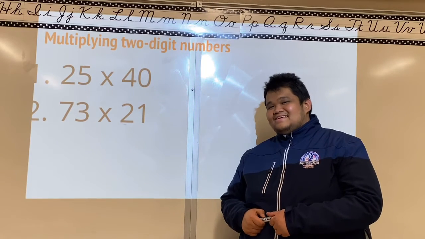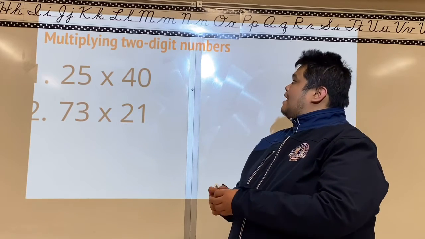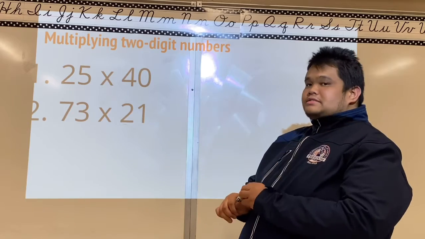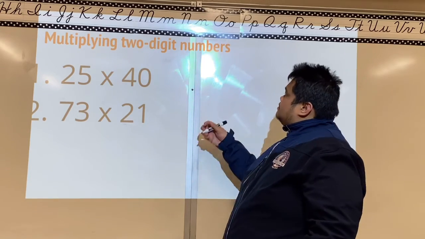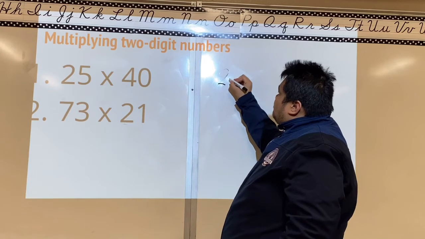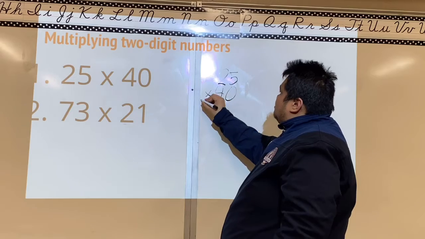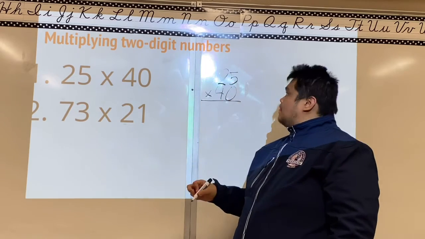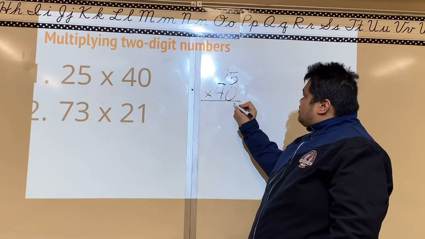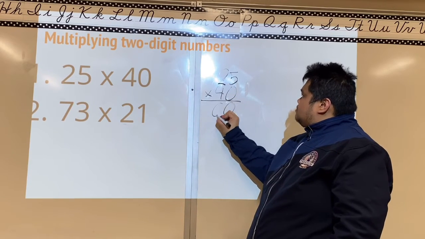As you can see, we're gonna multiply. So, we're gonna do multiplying 2-digit numbers. Okay? So let's practice. 25 times 40. What is 25 times 40? First, you're gonna multiply 0 by 5. 0. 2 times 0 is 0.